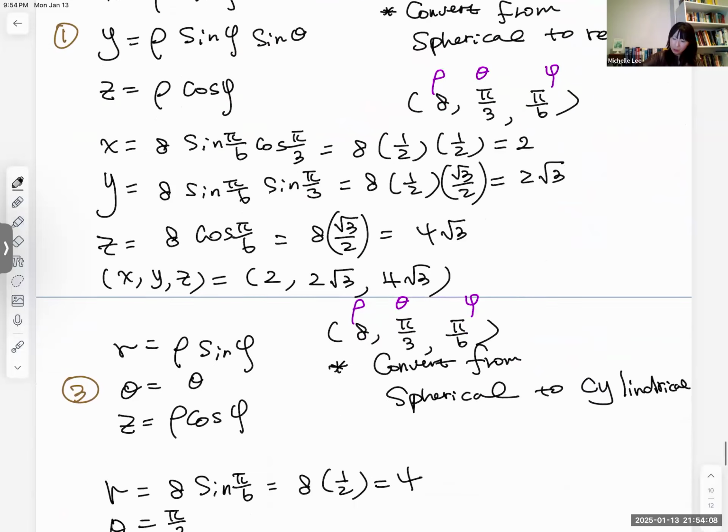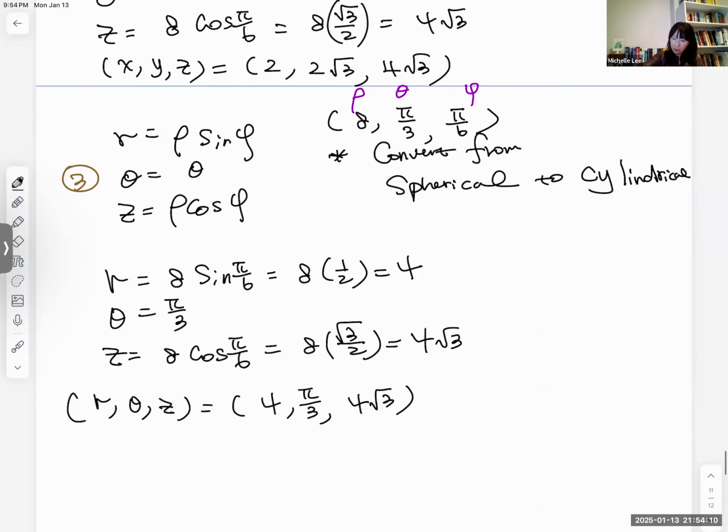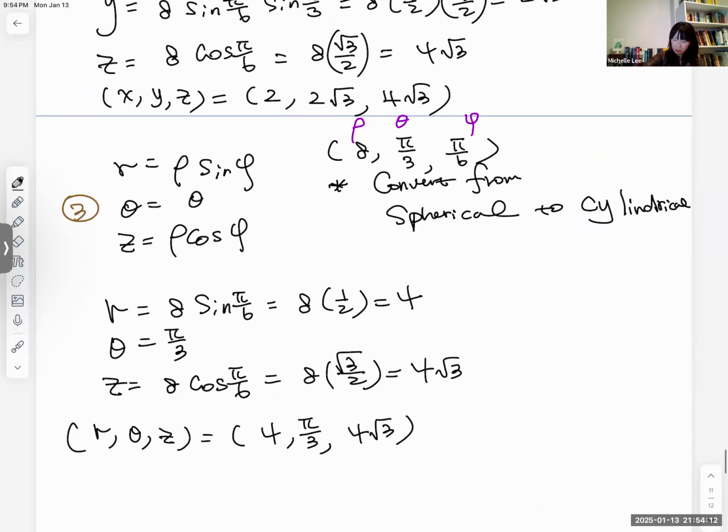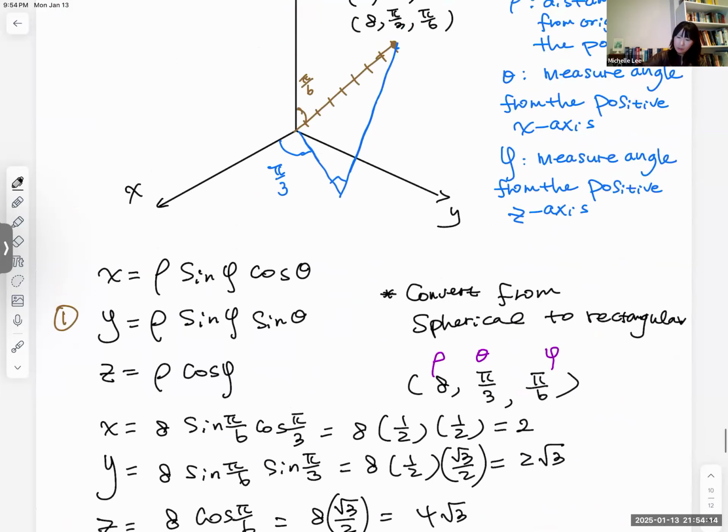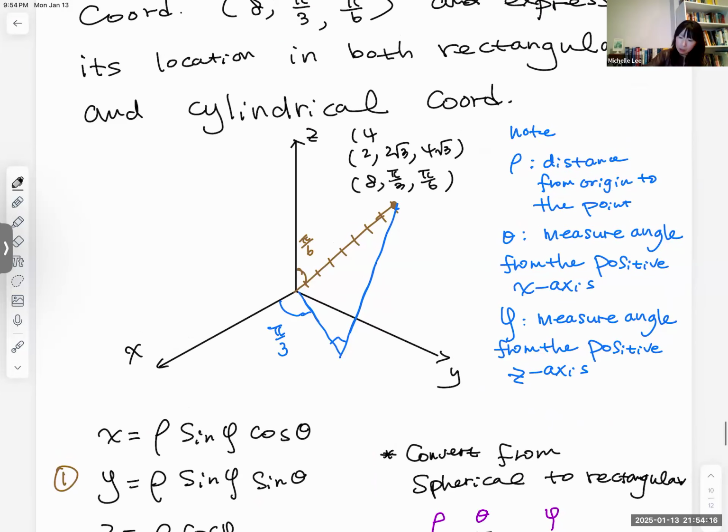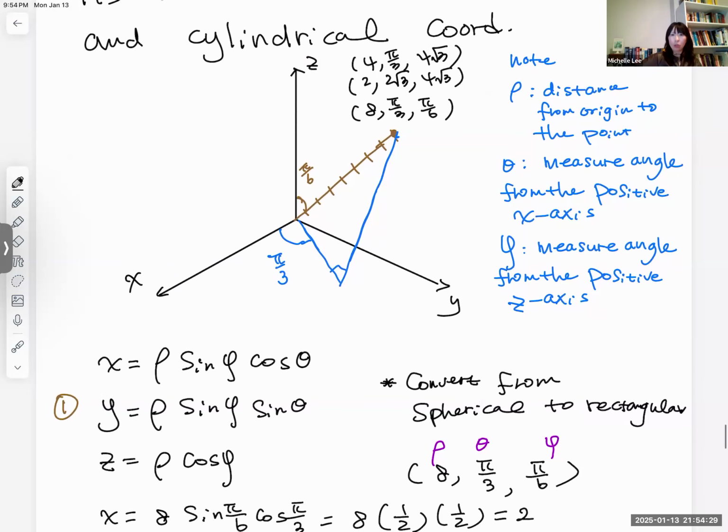Then approximate: 4, pi over 3, and 4 square root of 3. Can you see that?